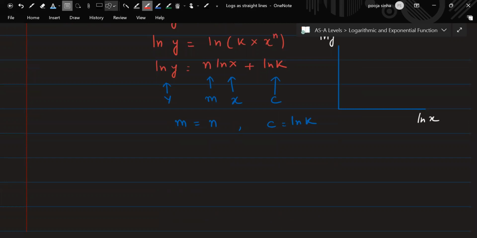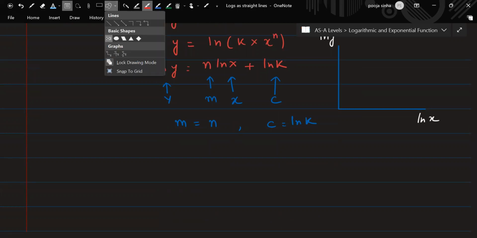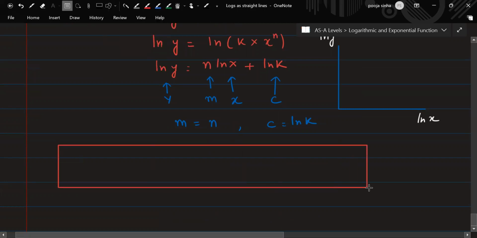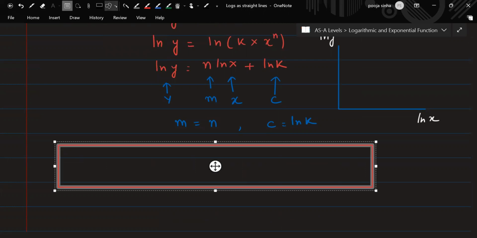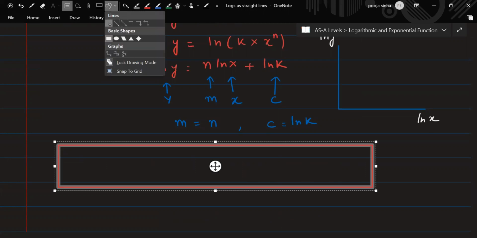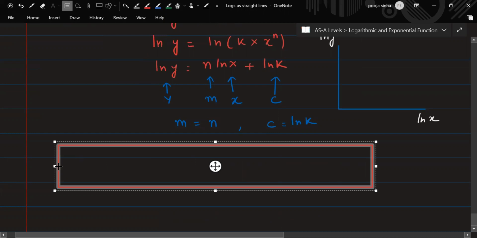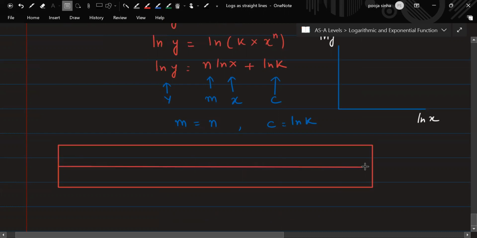We'll make another table now. So you are going to make a table. We are making this table.